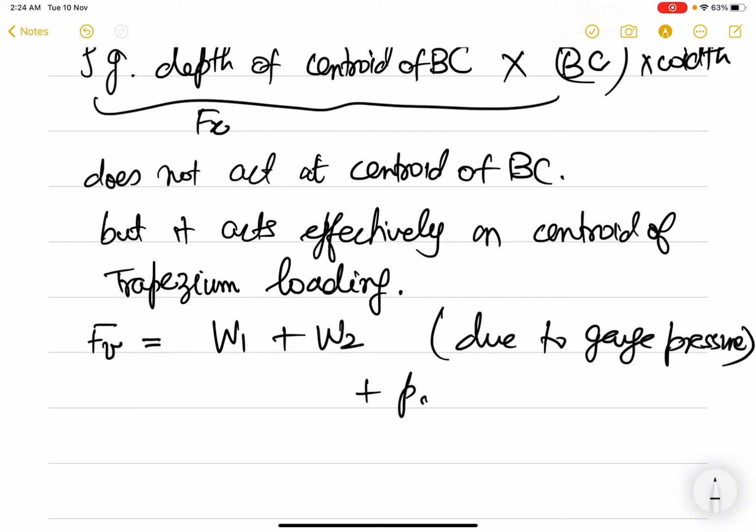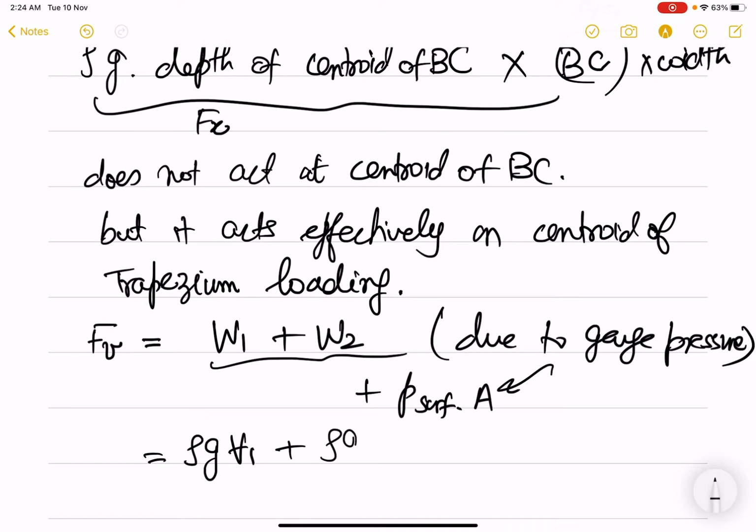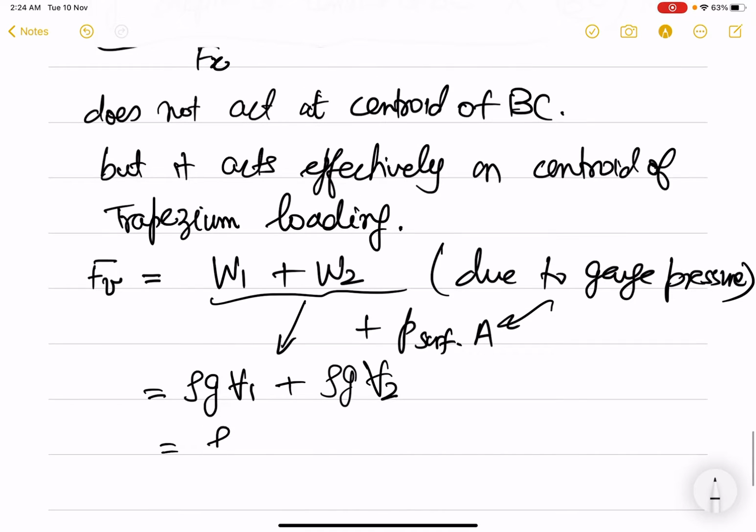So this is due to the gauge pressure and this is due to surface pressure. This is the net, and W1 plus W2 will be equal to rho G times V1 plus rho G times V2. This is what this term is, and this will be equal to rho G times V.